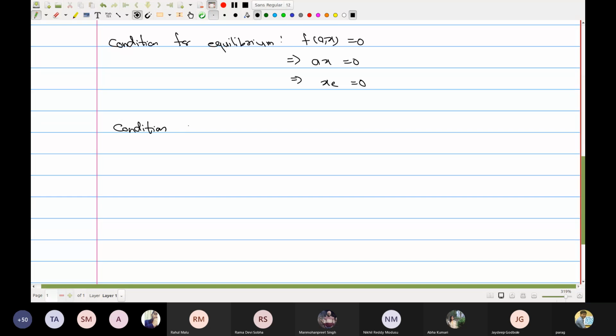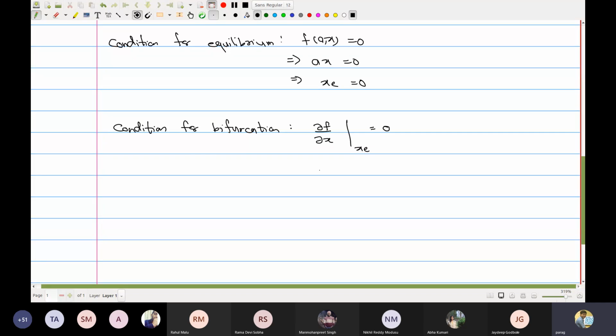The condition for bifurcation is del f by del x at equilibrium. This is important. Del f by del x at equilibrium should be equal to 0. This is the condition for bifurcation.